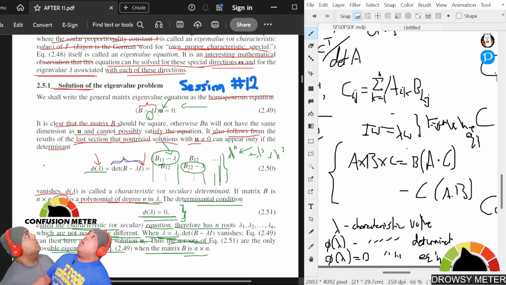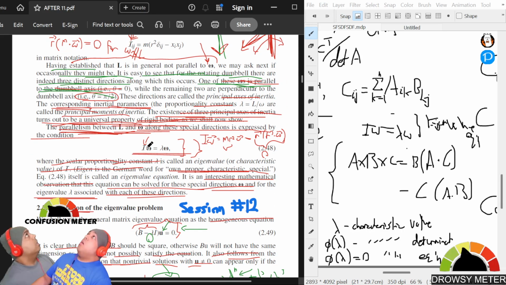We shall write a general matrix eigenvalue equation as B u equals lambda u. So this is generalized, where we factor the omega and bring it to one side. So I omega minus lambda omega, factor out omega.